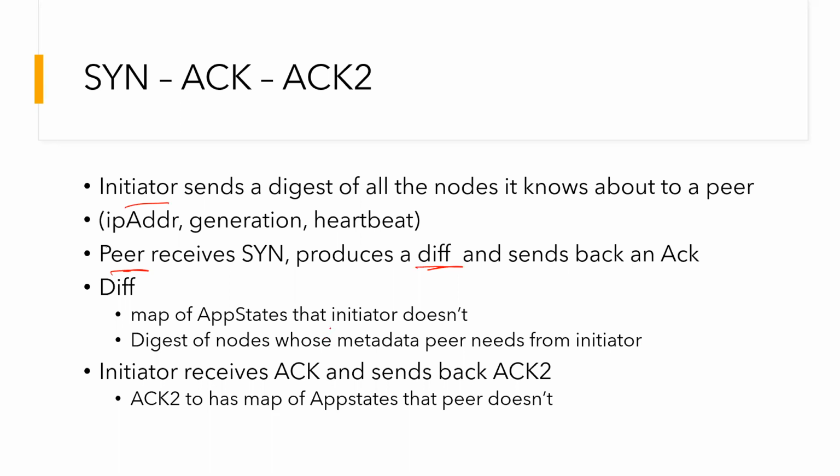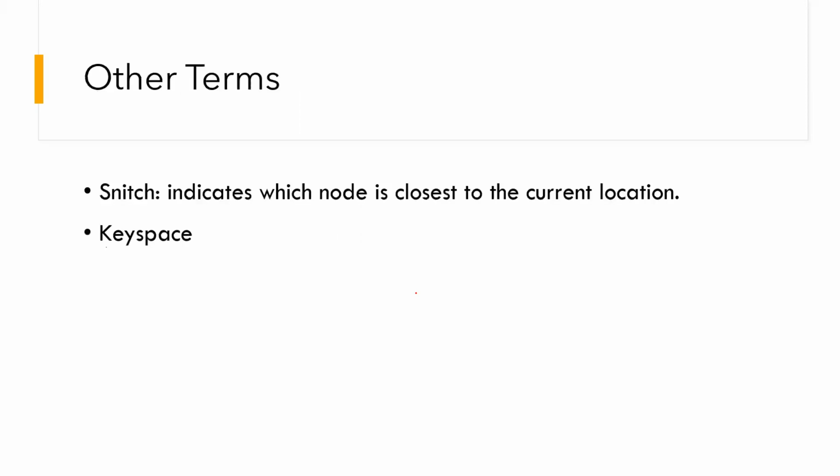And also, what is the state of the initiator that it is receiving? Based on that, it sends an acknowledgement back, and then the initiator will send an ack to the peer node. So this is the whole protocol of the gossip that we are talking about.